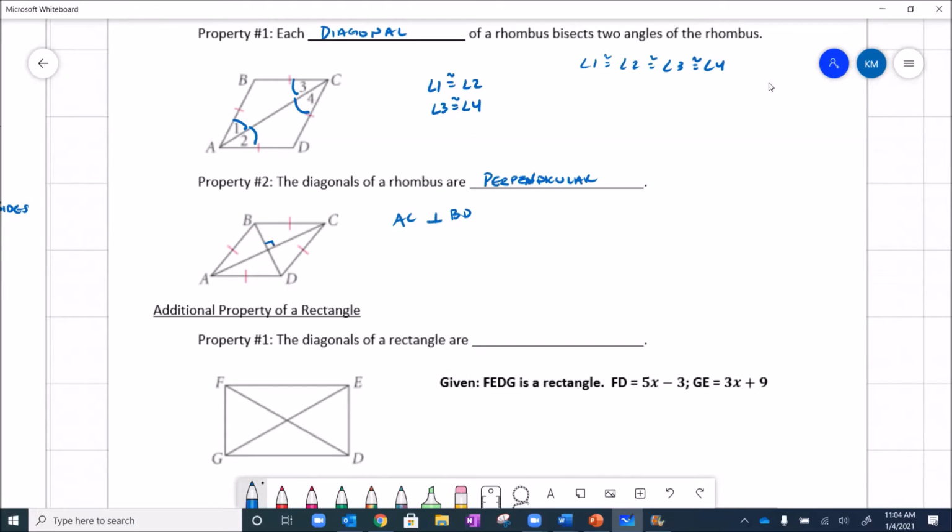So this is 90, this is 90, 90, 90 all around. The additional properties here deal with the diagonals. In a rhombus, the diagonals bisect the two angles of the rhombus, and the diagonals of a rhombus are perpendicular.